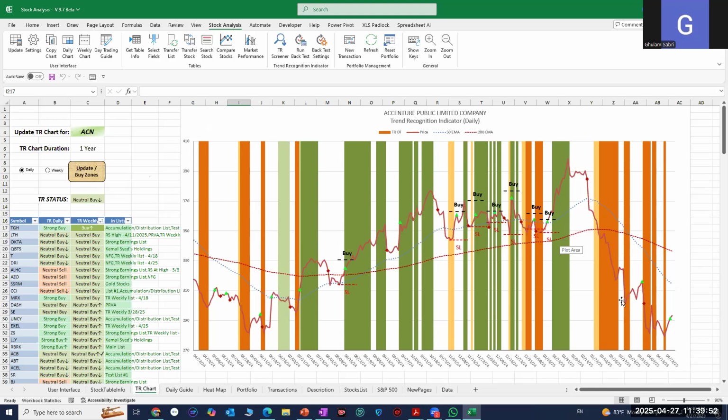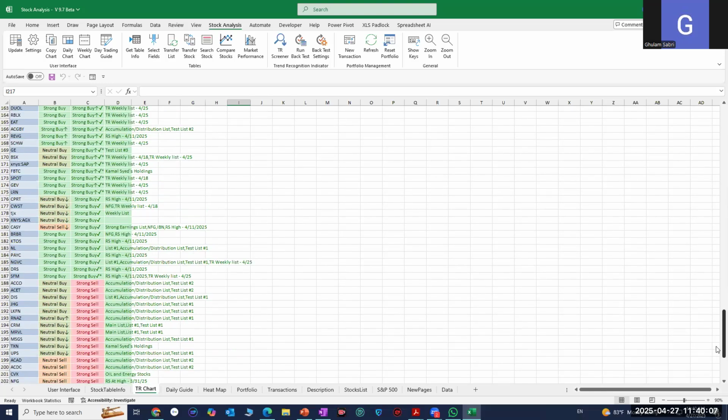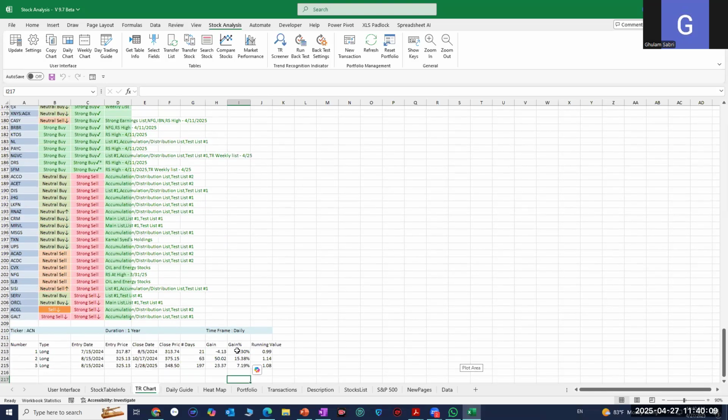So it never had an entry over here, over here, over here. It had an entry here, but it closed at its stop loss here. So that's why there is one negative entry in this back test, which is down here, -1 point, and then some positive, and it closed at just 7 points.